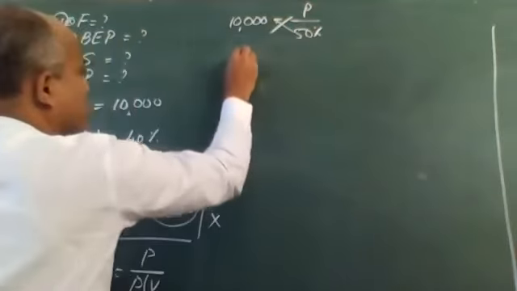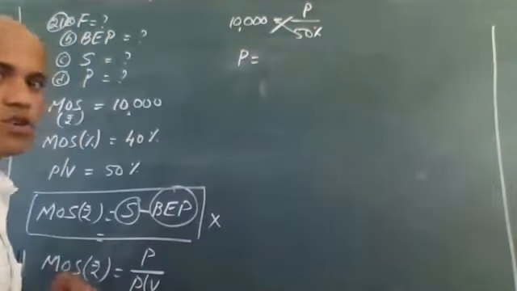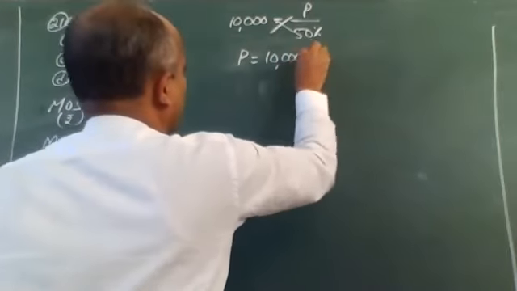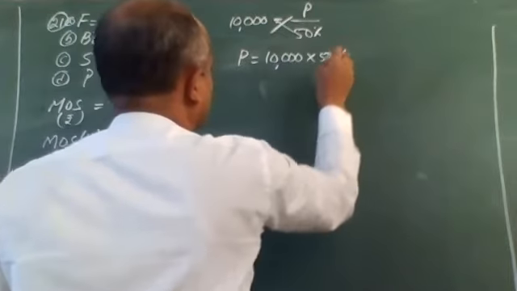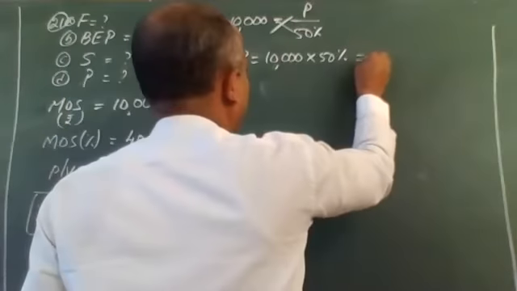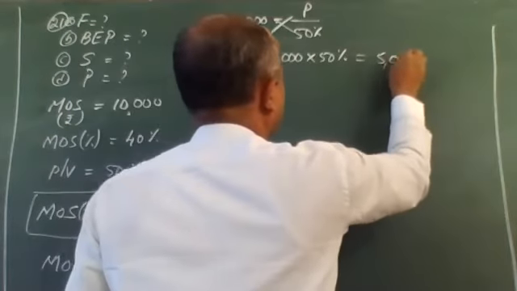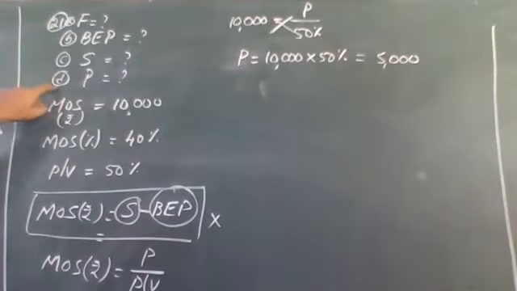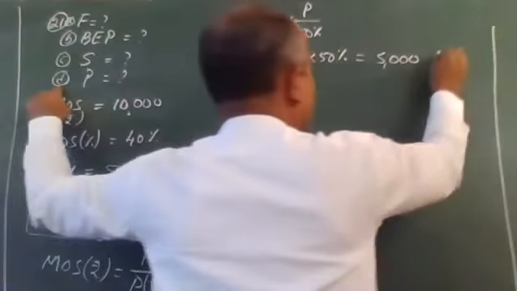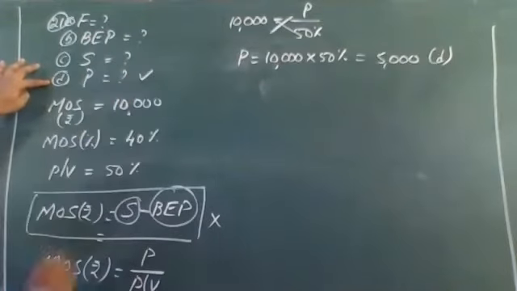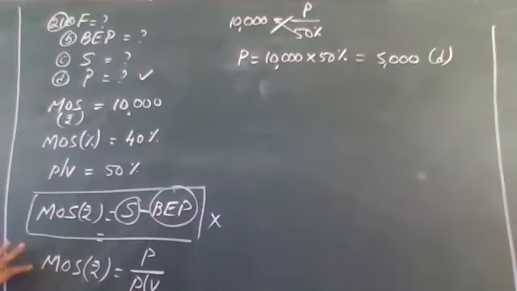Cross multiplying, profit is equal to 10,000 into 50%, which comes to 5,000 rupees. That is my profit. I got something from this ABCD: this is my D. I got this with the help of MOS.